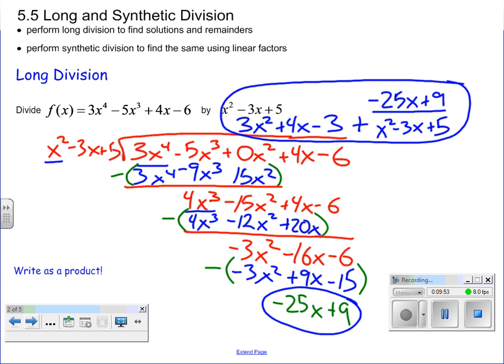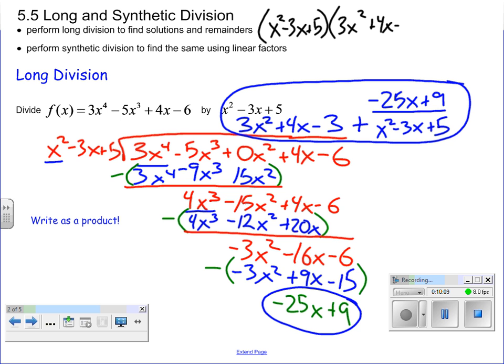Okay? So it says here, write as a product. Okay? So I'm just going to kind of write that up in the corner here. So I could simply say that x squared minus 3x plus 5 times this answer of 3x squared plus 4x minus 3 plus negative 25x plus 9 over x squared minus 3x plus 5.